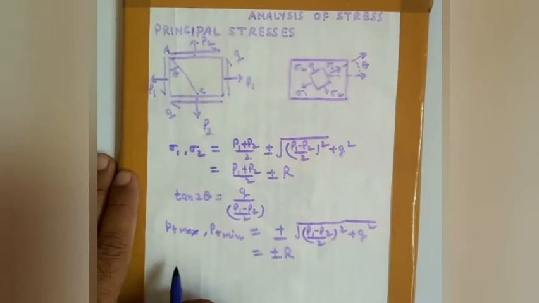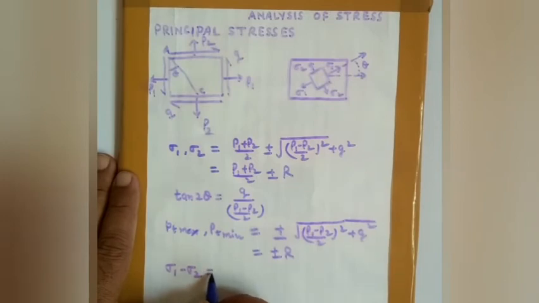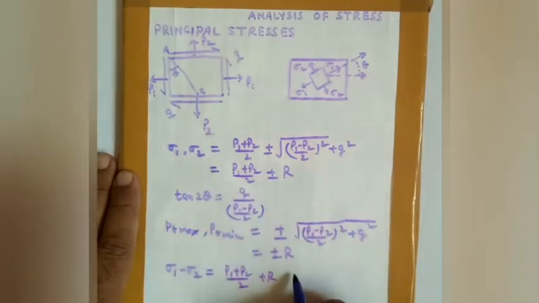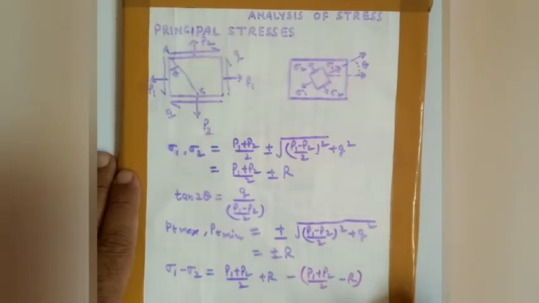Let us find another important relation. Let us subtract sigma 2 from sigma 1. So sigma 1 minus sigma 2 will be equal to (p1 plus p2) by 2 plus r, this is sigma 1, that is sigma max, minus (p1 plus p2) by 2 minus r, this is sigma min. So the first term gets cancelled.